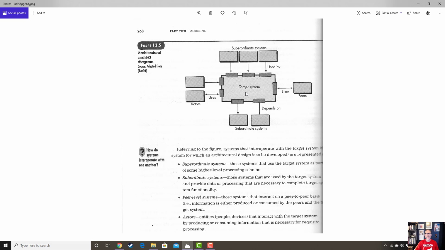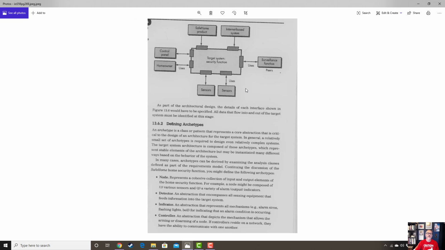And if I look at the next page, 269, it has that diagram redone for the Safe Home product. So our target system is the security function of the Safe Home product. It's a subordinate to the entire Safe Home product and to an internet-based security system.